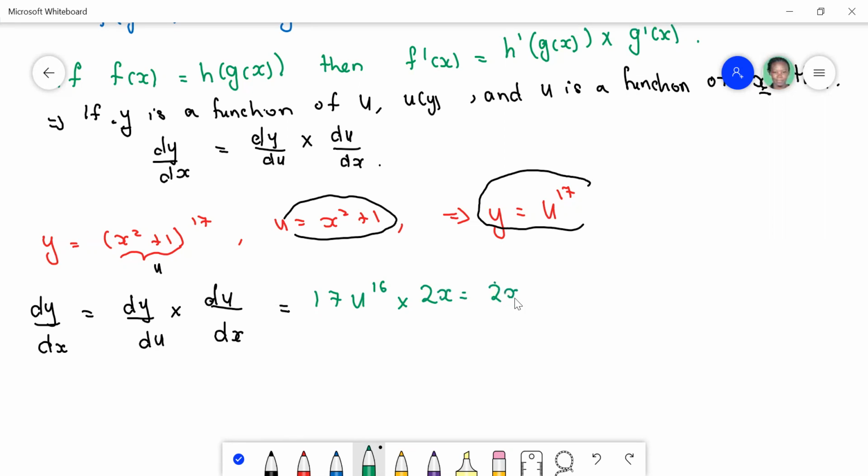I have 2x here, 17. So 17 times 2 is going to give me 34. So I have 34x. And you know what u is? We know u is x squared plus 1, to the power 16.